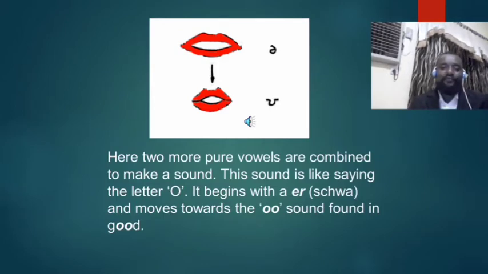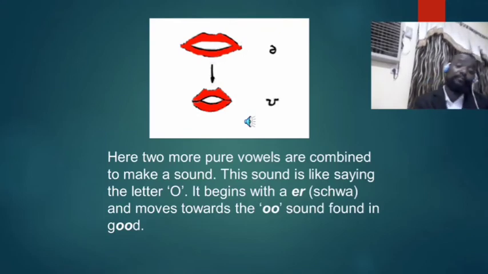So, for example, good, go, and do. So we say schwa with O, like hook, as we mentioned in the previous example.